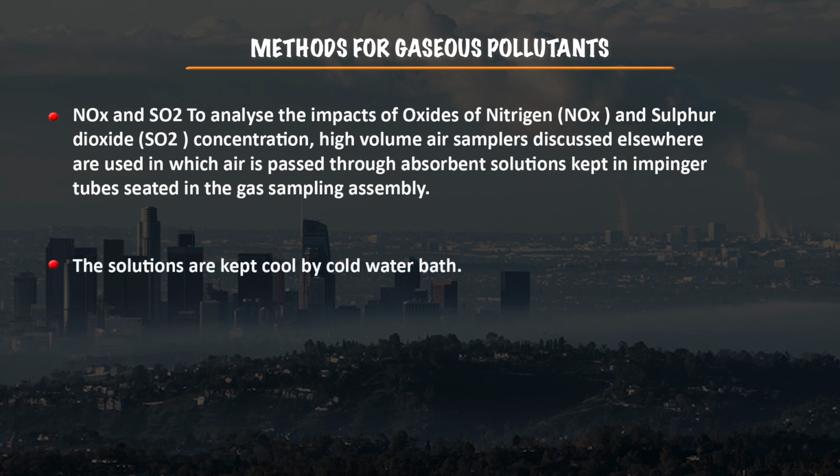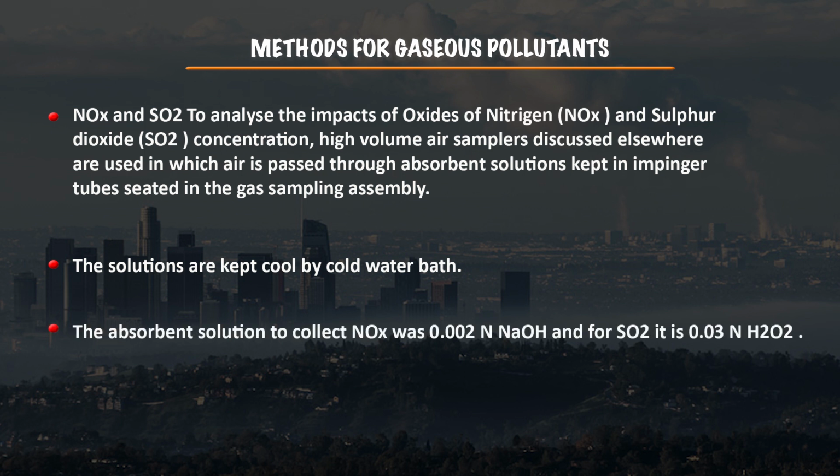The solutions are kept cool by a cold water bath. The absorbent solution to collect NOx, or nitrogen dioxide, is 0.002 N NaOH, and for sulfur dioxide it is 0.03 N hydrogen peroxide.